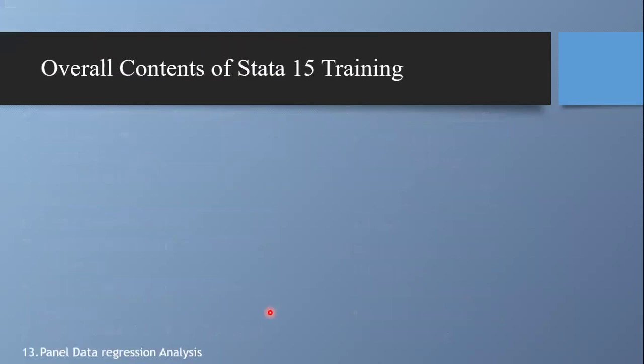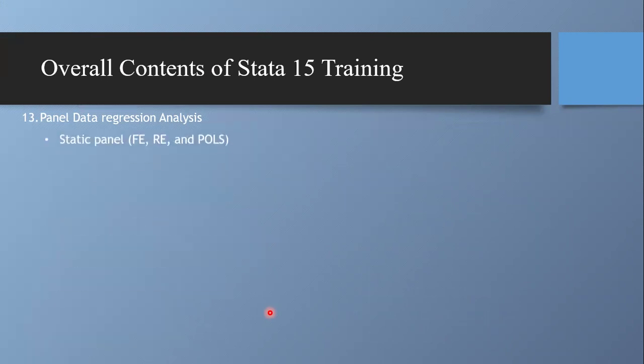Next, I will discuss the panel data regression analysis also as a part of this training. It will include the static panel like fixed effect, random effect, and pooled OLS. It will include the panel ARDL. I have already included the panel ARDL, and I will also include what is being suggested by Adnan Afzal as a part of this training.